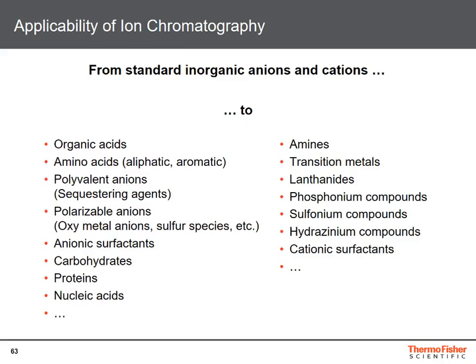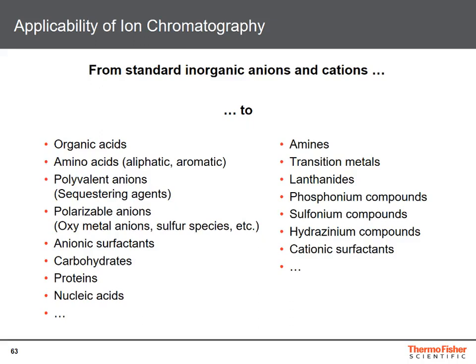On the top, the very important class of amines. Transition metals are usually only analyzed by ion chromatography if the oxidation state of the metal is of interest. On the other hand, lanthanides are almost exclusively analyzed by gradient ion exchange chromatography.